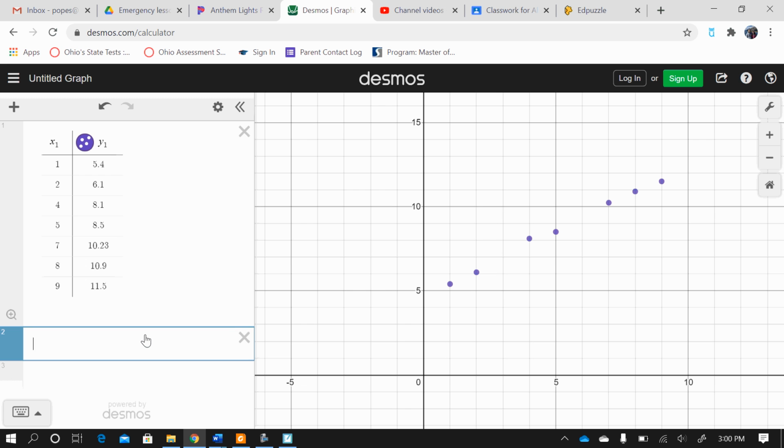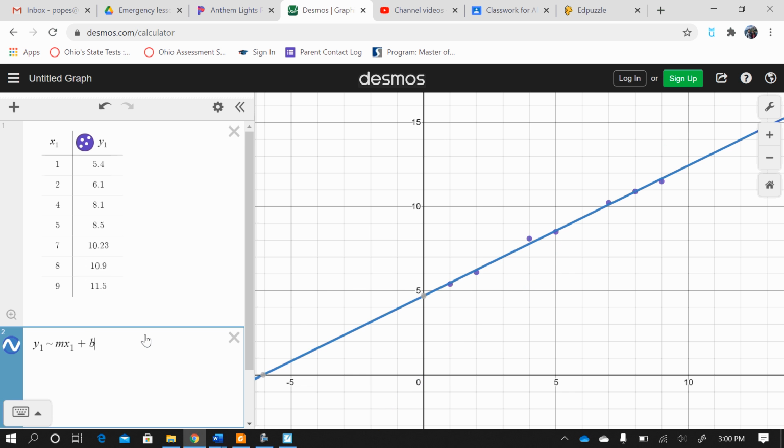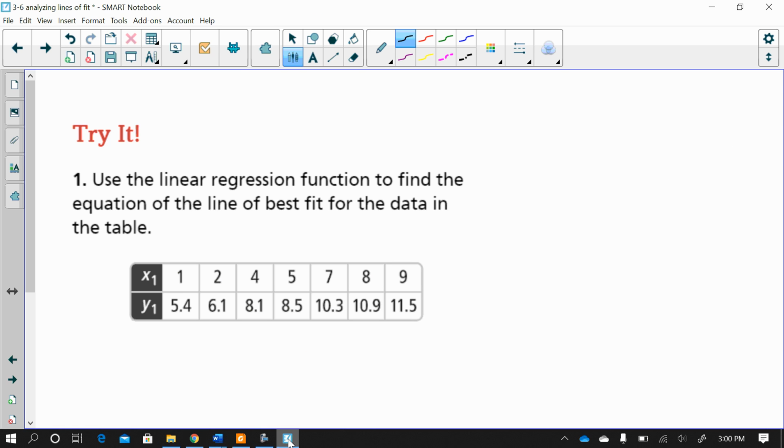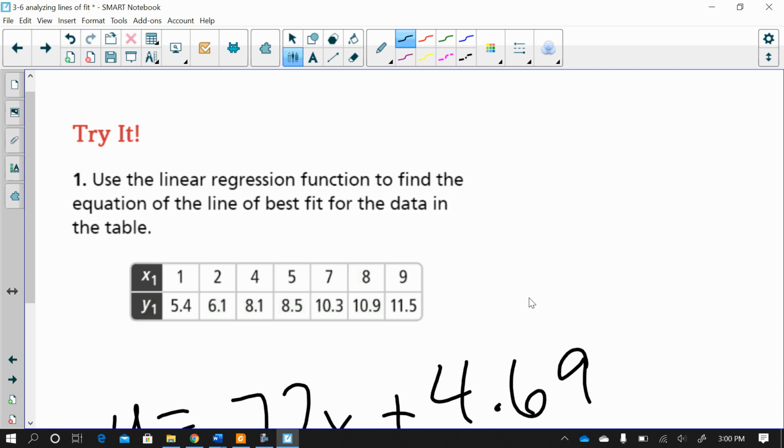Do my linear regression, y1 tilde mx1 plus b. There's m and there's b. So let me minimize this and we can write the equation. So you should be getting y equals 0.77x plus 4.69. That's the equation of the line you should have.